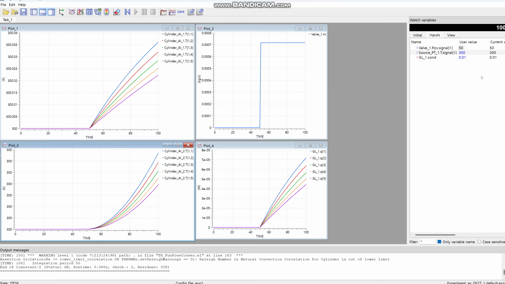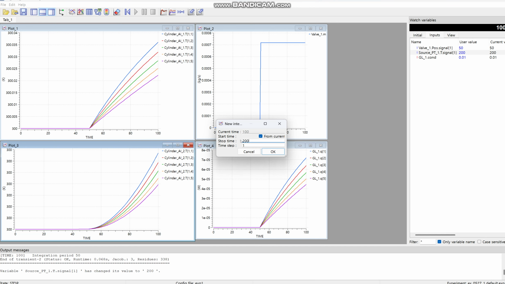Then let's flow colder helium, about 200 Kelvin. We can see the inner wall temperature going down, and we can see the heat ingress from the outside as well.